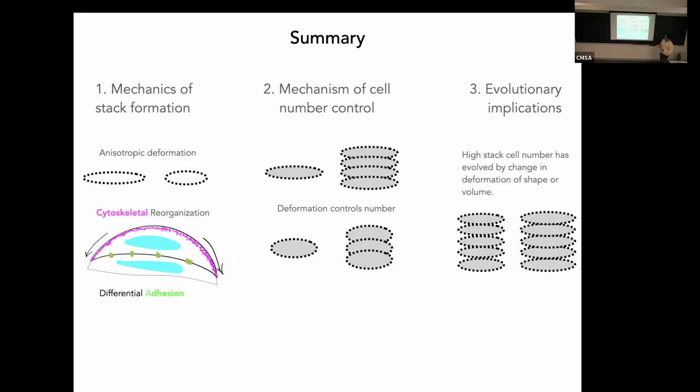We also see that if we mess around with either surface area or volume, we can change how many cells go into these stacks. And looking at how this has happened over evolution, we actually find evidence for using both change in volume and change in surface area. Yeah. So that's pretty much it.